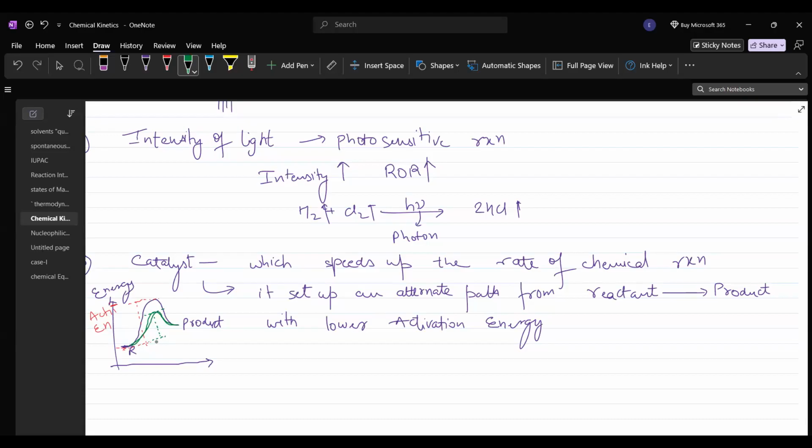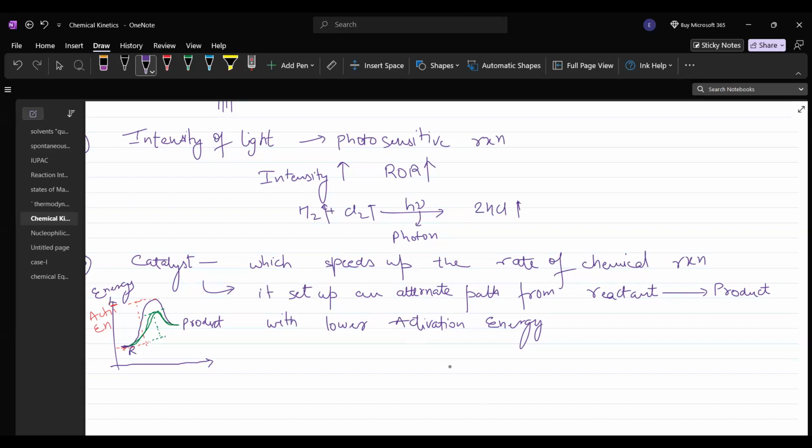You can understand here by like this. Are you getting this? No problem if you're not getting the graph. But you have to understand this. Catalysts are setting an alternate easy path to speed up the reaction.